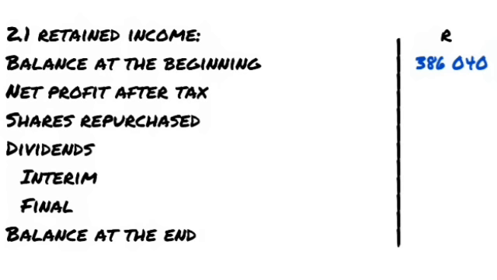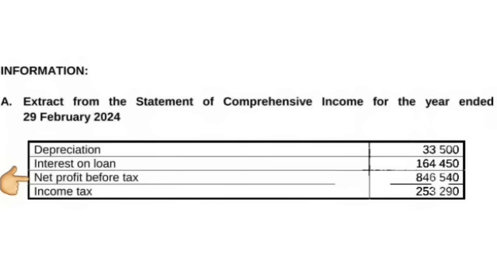And then in the next line item, we are looking for a net profit after tax. Be careful because we also have a net profit before tax. What you want is after tax. So let's go to our information, and you see in information A, indeed they gave us the net profit before tax. That's not what we are looking for, but they did give us also the income tax.